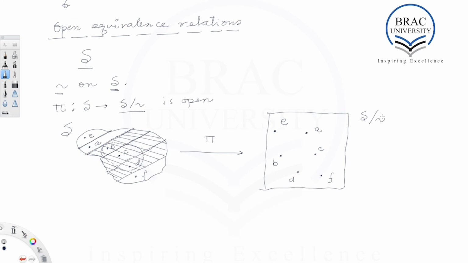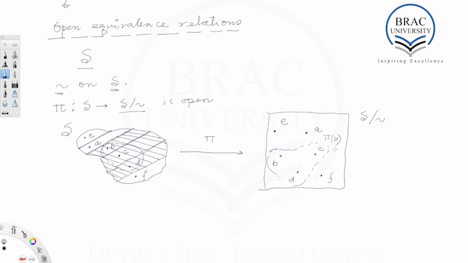And what is pi U? Pi U is an open set, may not be exact what we are doing, but just to have a feeling of what we are doing, this is something like pi U, which contains these 3 points, right? An open set, right?